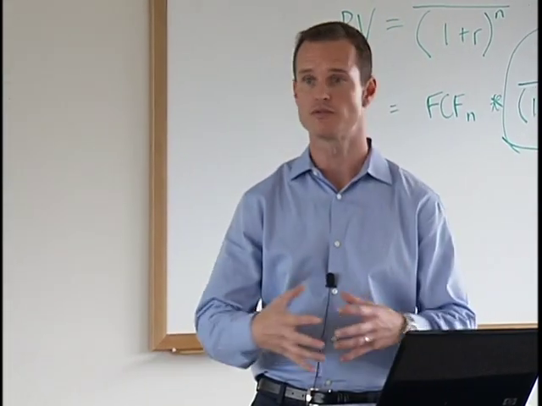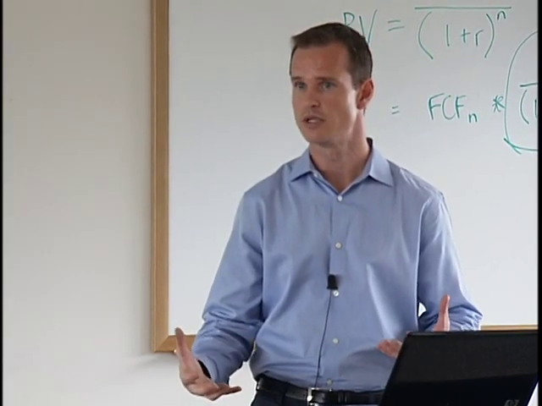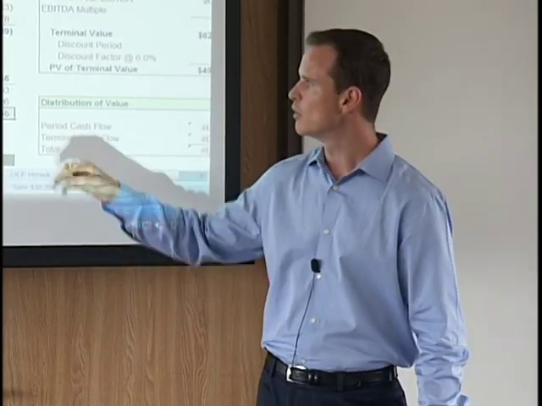Present value of the free cash flows, years 1 through 5. Is everyone with me so far? I know there's a lot of steps in DCF. It might seem kind of confusing, but you go through this a couple of times and you'll get the hang of it.